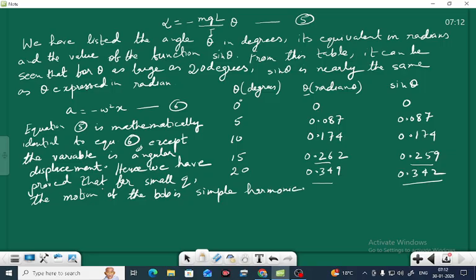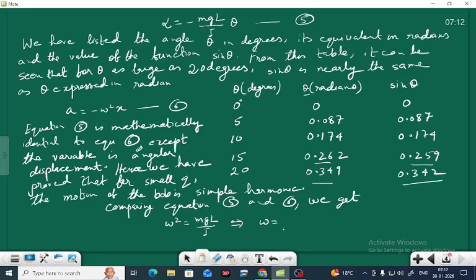By comparing equations 5 and 6, omega square is this value, so we can write omega square is equal to m g l by I. Therefore omega is equal to root over m g l by I.